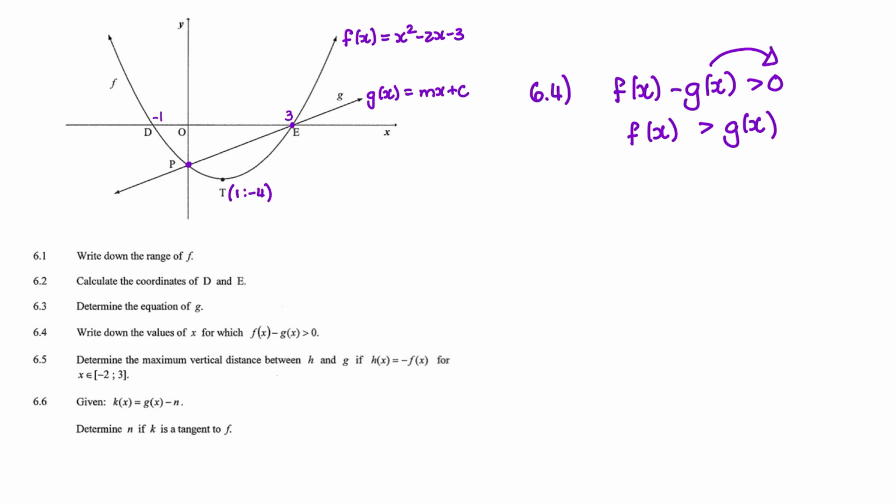And if I look at my function, I'm looking where is f(x) above g(x), and you can see it's to the left of point P, and also f(x) is above g(x) to the right of point E. So the x value here to the right of E is x > 3, and to the left of P is x < 0.